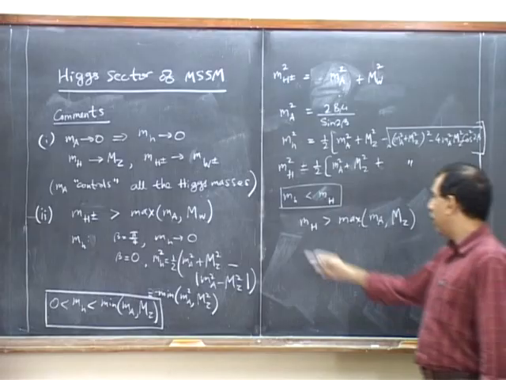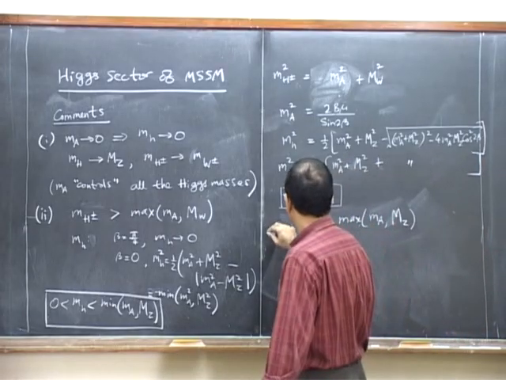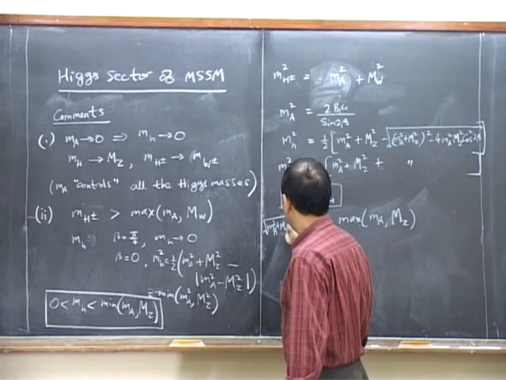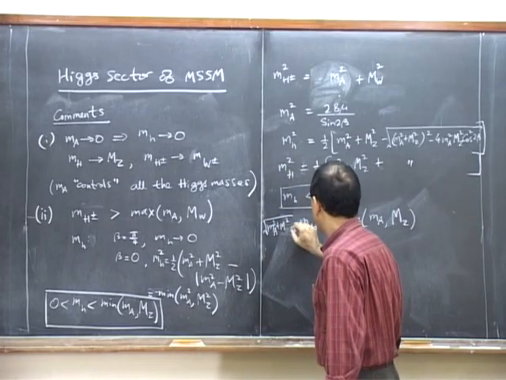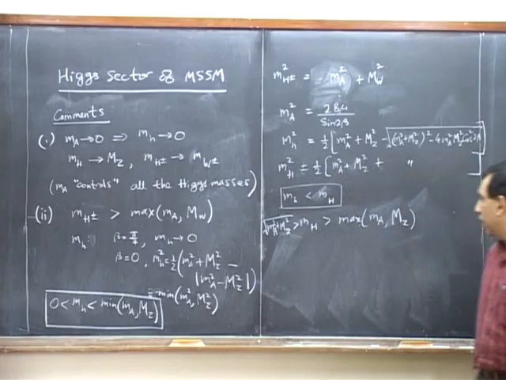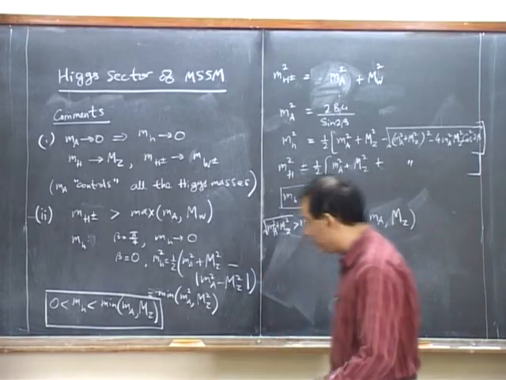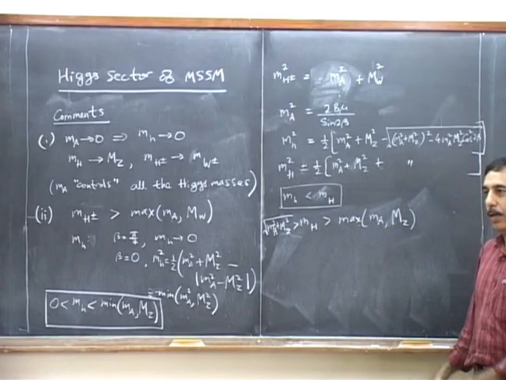However, it's also bounded above by the value of square root of MA squared plus MZ squared. But in particular, what's important is that it's bounded below.